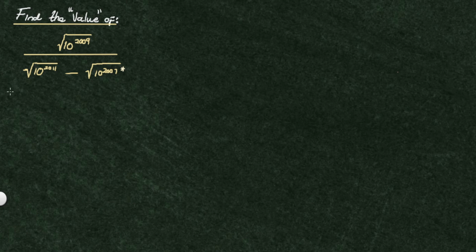So let me just demonstrate that by doing instead of explaining. So the numerator part, I'm going to break it to 10 raised to exponent 2007 multiplied by 10 raised to exponent 2. Multiplying these powers and adding the exponents, it's going to take us back to 2009.